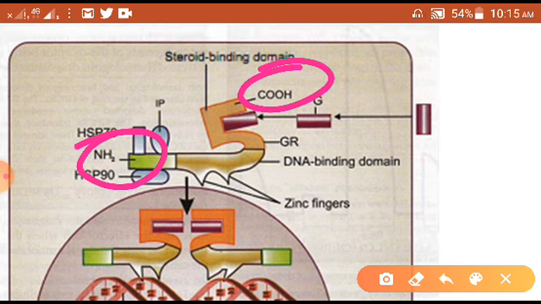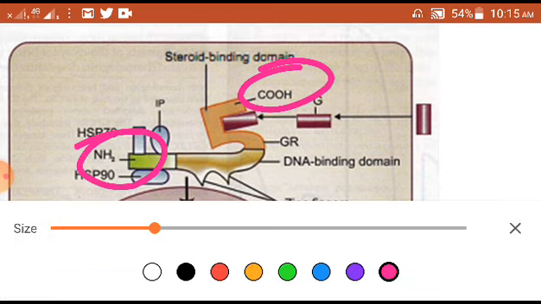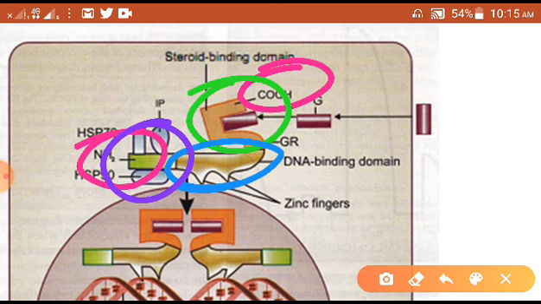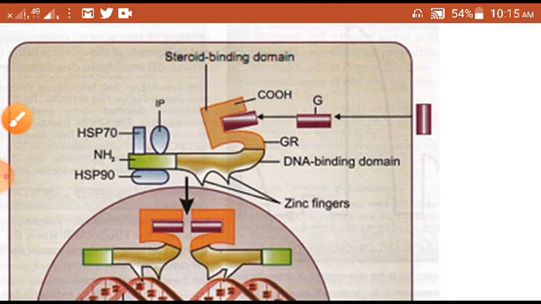In this, you can see there are three different parts clearly visible. One is this part, another is this part, and third is this part. So what do these three parts mean? One, as I told you, is the steroid binding domain.